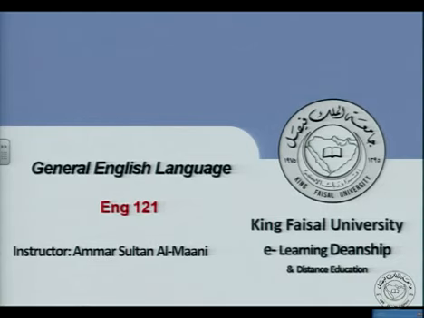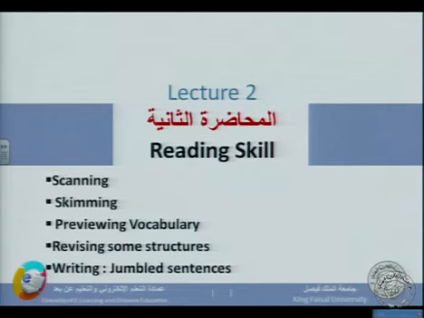For today, we are going to cover some reading skills like scanning, skimming, and previewing vocabulary, and we will revise some of the grammar and structures that we covered in the first class. Hopefully you are doing your homework. And then we have a writing section, something about jumbled sentences.